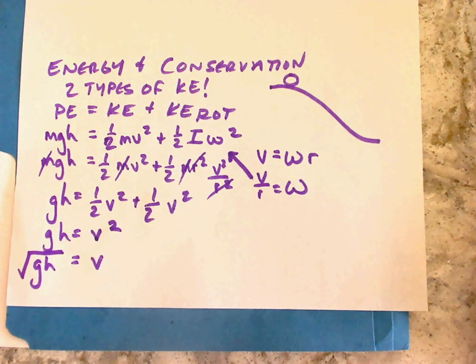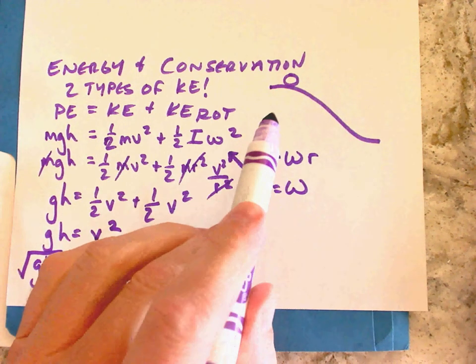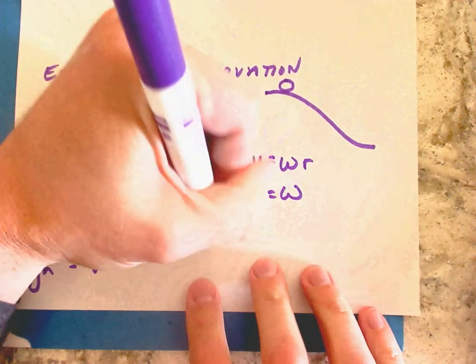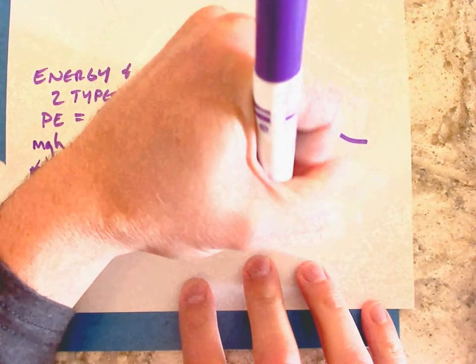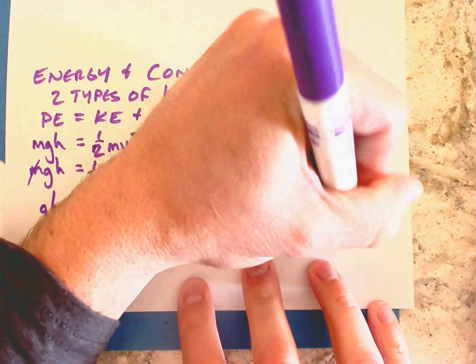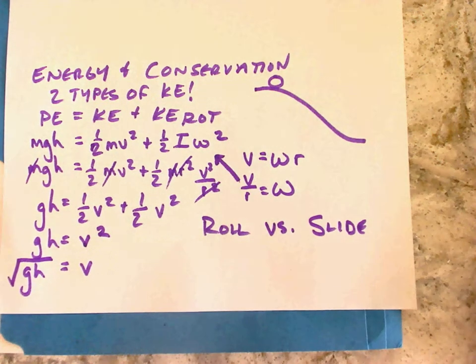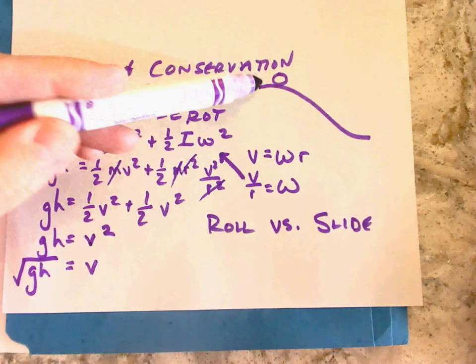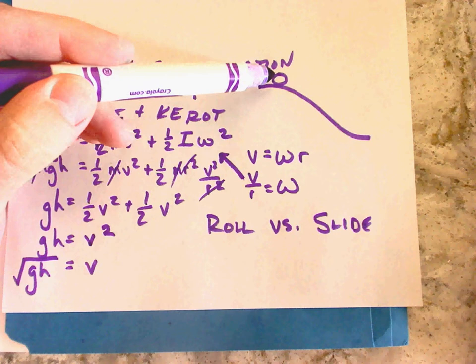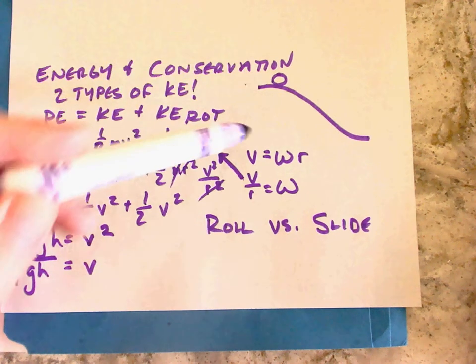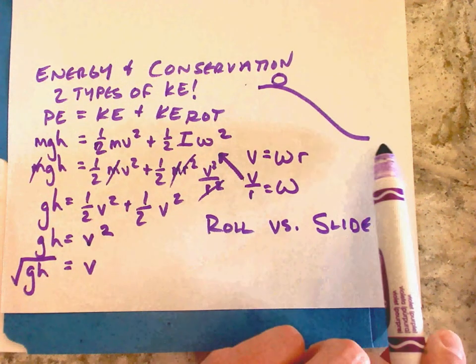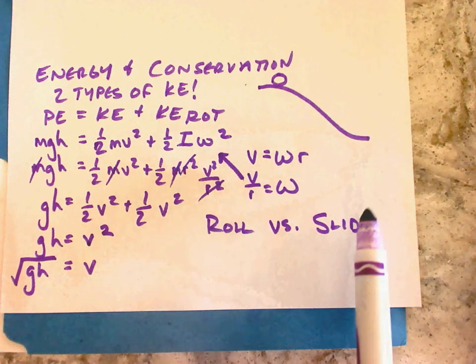The last thing to cover dealt with this same kind of setup, but we did something where we just kind of called it roll versus slide. So if you have this sort of setup and you've got one object that rolls and one that slides, the one that slides is always going to have the higher velocity down here or reach the bottom first because it doesn't have KE rotational.